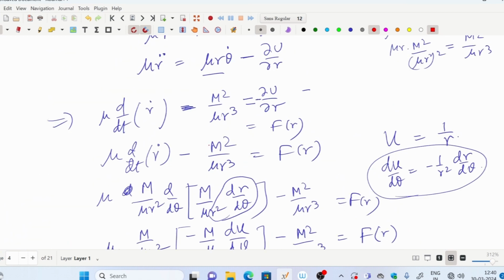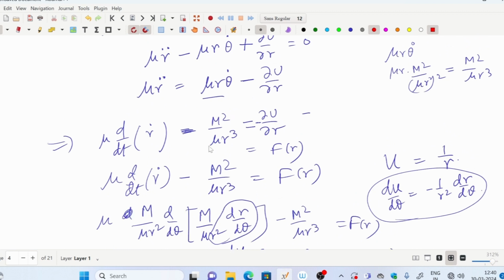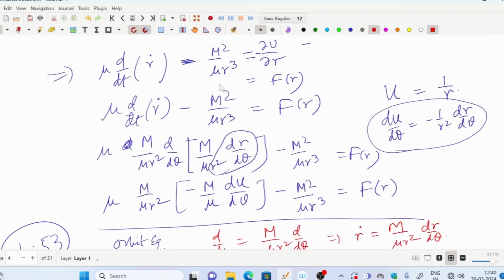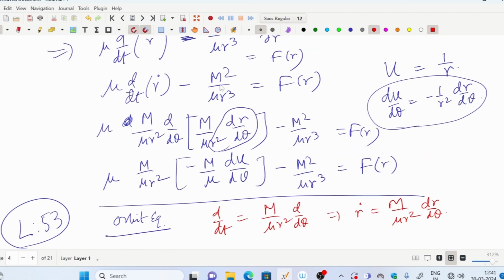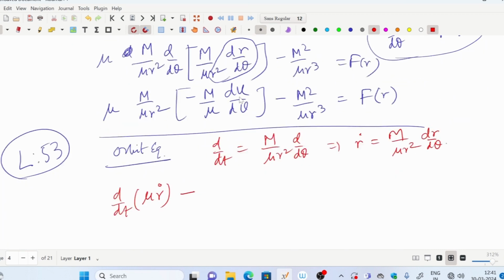Then the equation of motion, just from the Lagrangian. If you find the equation of motion, you will find d/dt of mu r dot, this is the Euler-Lagrange equation, minus, if I differentiate the other term m square by 2 mu r square, you will get minus m square by mu r cube, which will be f(r), that is minus ∂U/∂r.